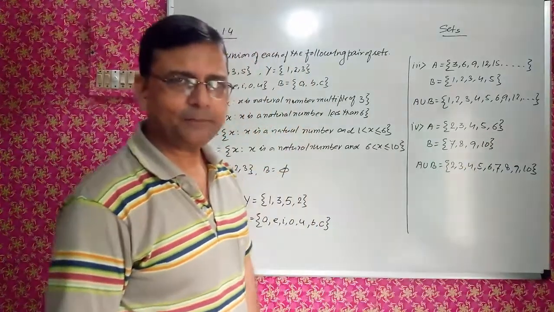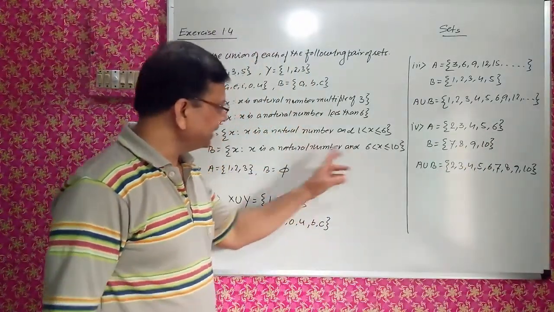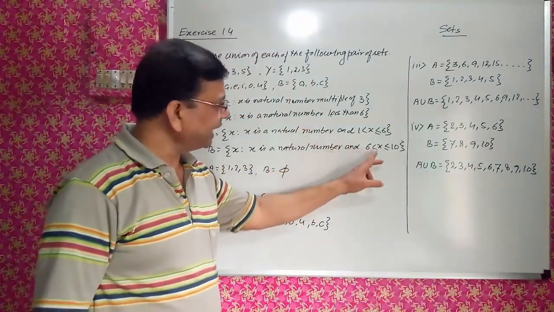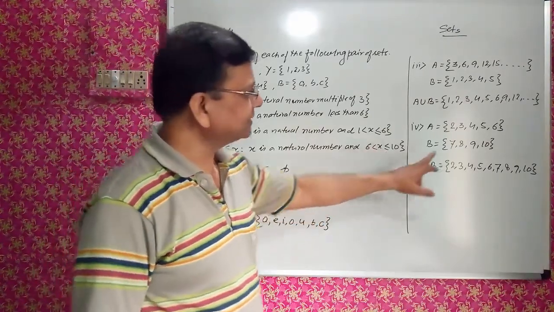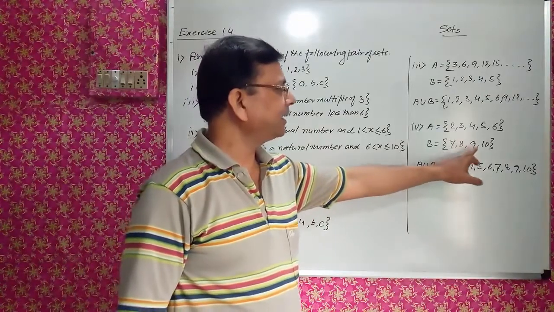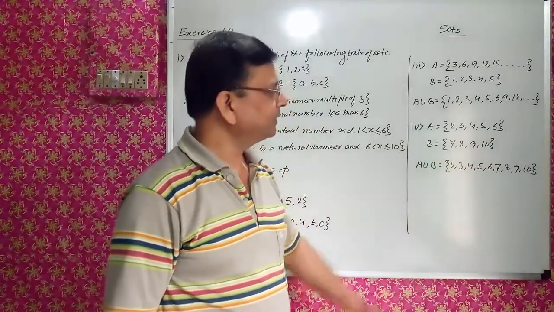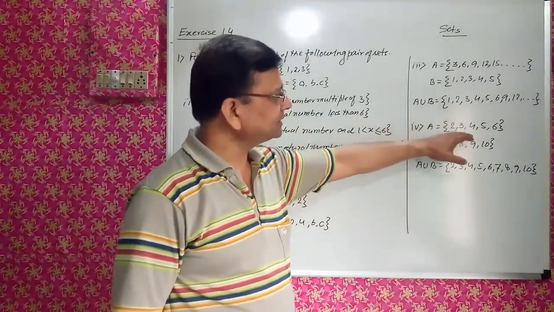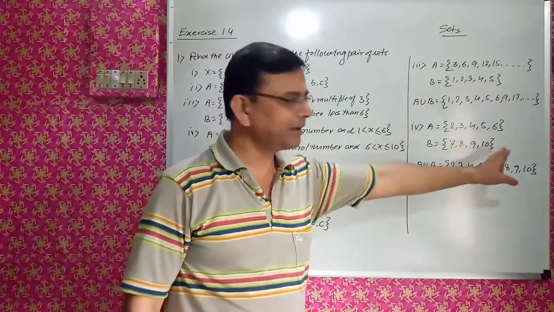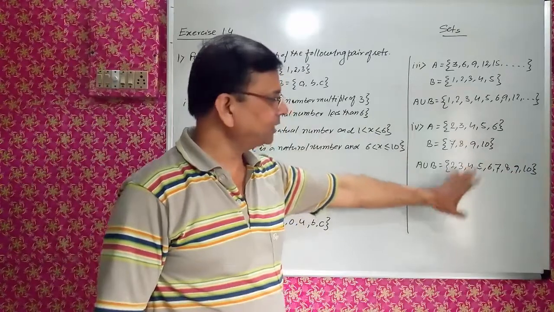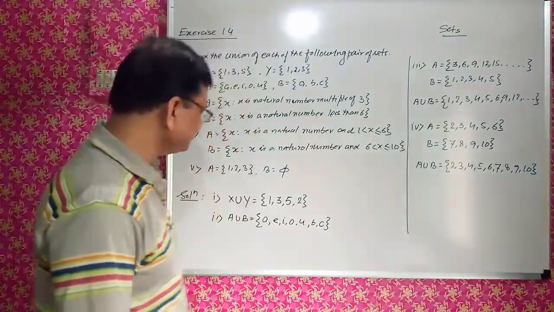These will be the elements. Similarly over here, X is a natural number, but X is greater than 6 and less than or equal to 10. So greater than 6, that is 7, 8, 9, 10, up to 10 it will go. So in these two sets, no element is common. 2, 3, 4, 5, 6 and beyond 6 is here. So all the elements I have taken in this.